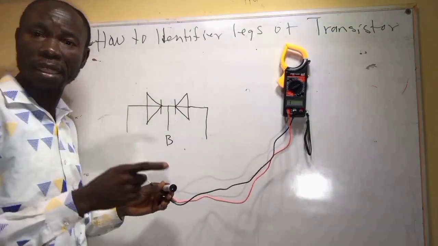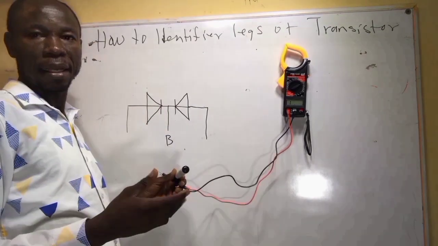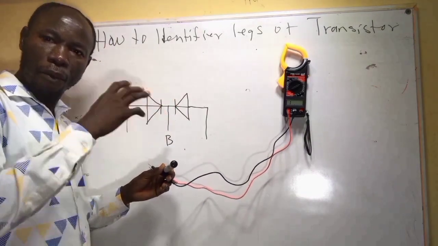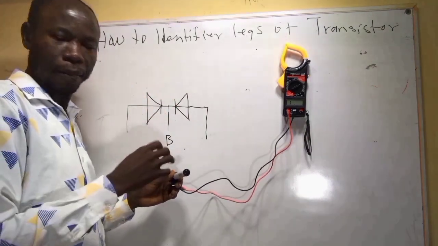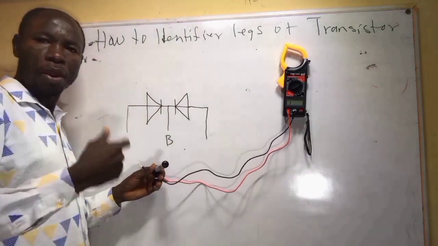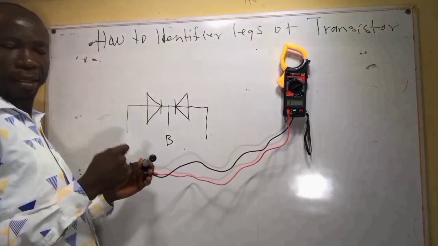Which one is the collector? Which one is the emitter? You see, from the reading of a transistor, base to emitter reads higher resistance than base to collector.